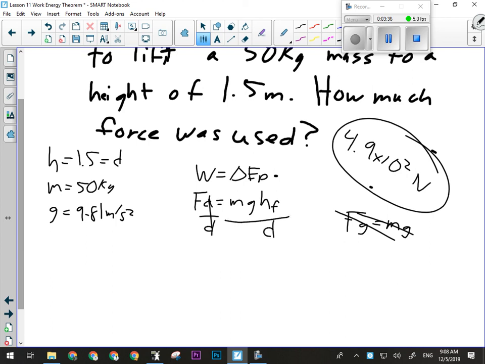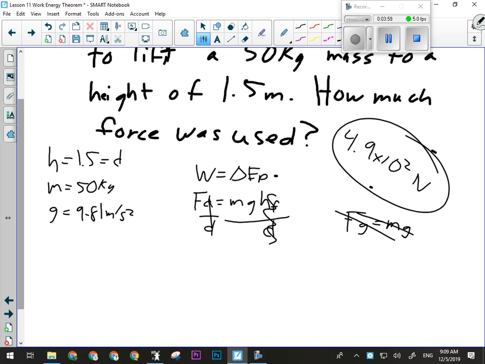We can make our life really easy because we can recognize that height and distance are the same number, so they'll cancel. To lift something, I only have to lift as hard as gravity pulls. Does everyone kind of follow me there? I have to work against the weight of the object.